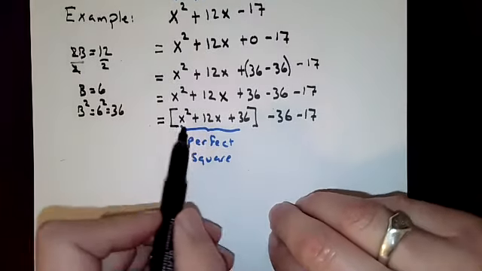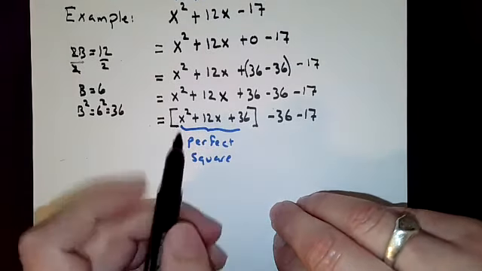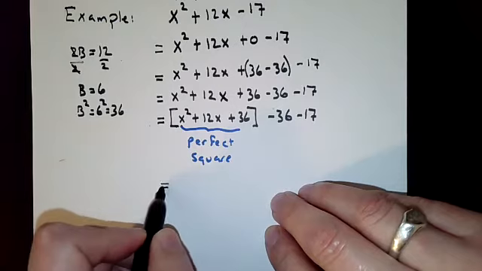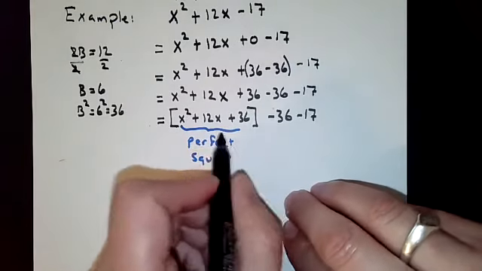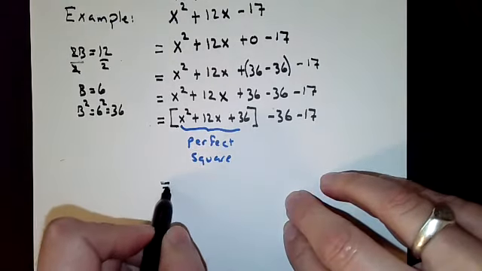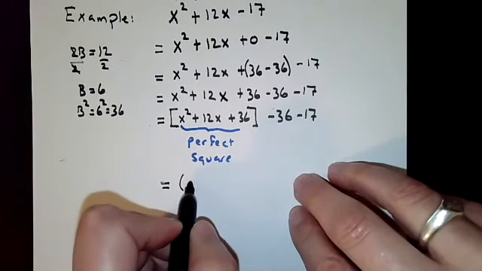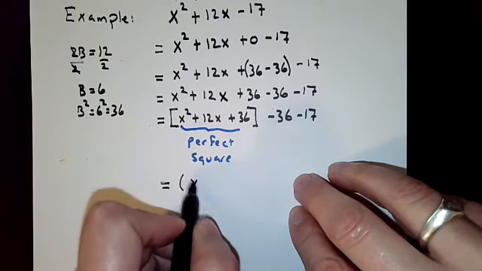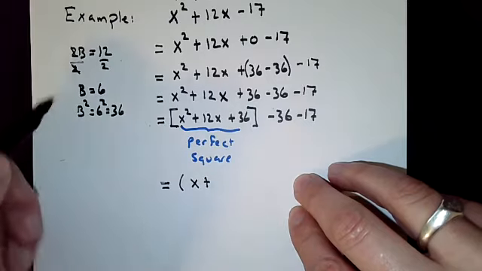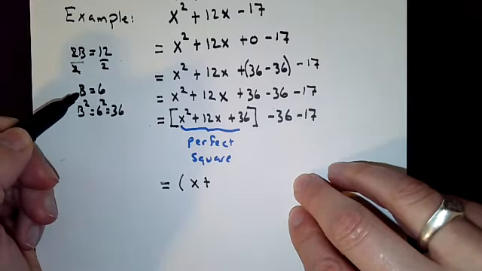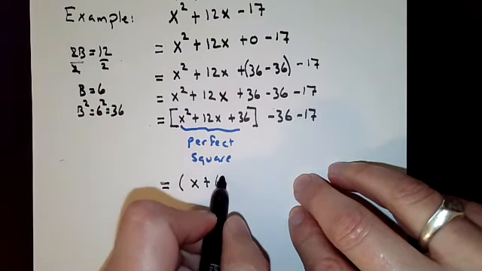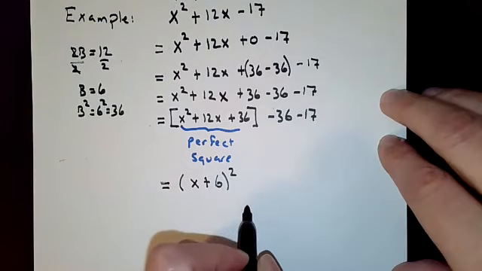So since these three terms are a perfect square, they will automatically, immediately, without any effort on our part, factor into x plus b, capital B, which is 6, squared.